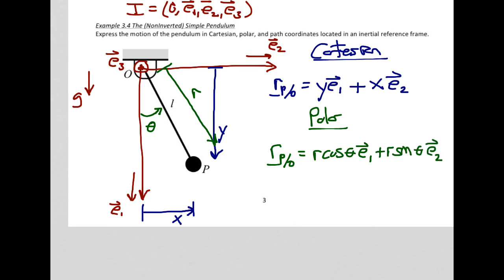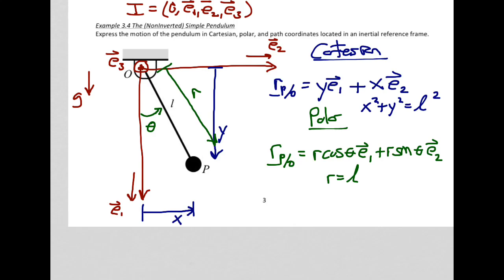Oh, I should have mentioned earlier that we do have a constraint in our Cartesian coordinates, and so this is where x squared plus y squared is equal to L squared. And so we do have a constraint also in our polar coordinates, and that's where r is equal to L. And so that's how we've now recognized that this system has 1 degree of freedom.